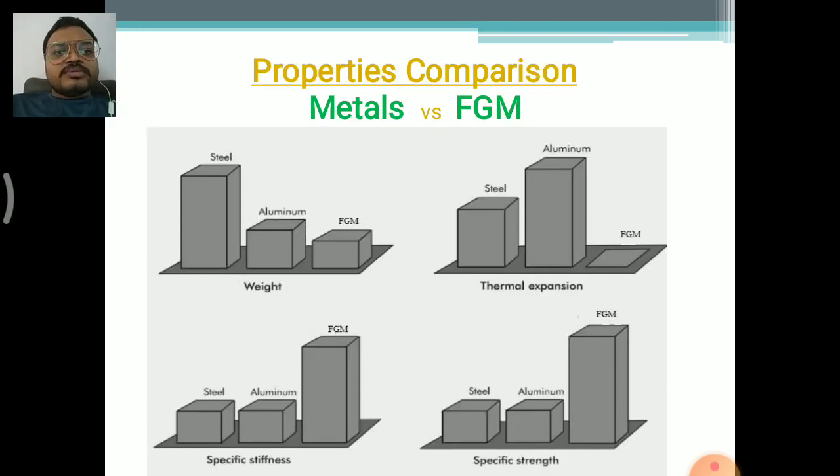Now we are going to discuss the properties comparison of materials versus FGM. Why are we taking metals in comparison with the FGM?